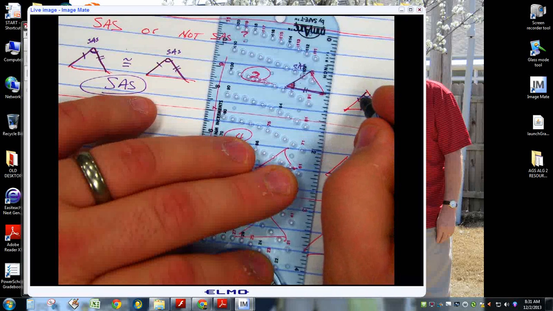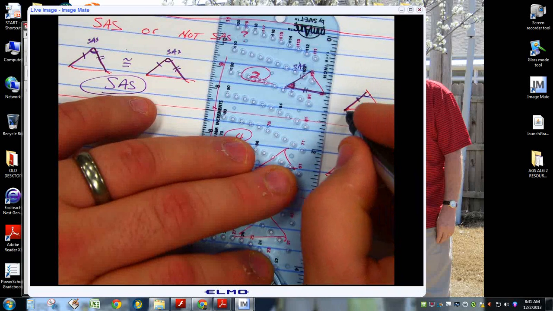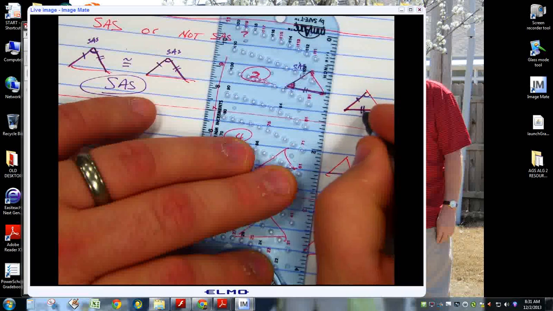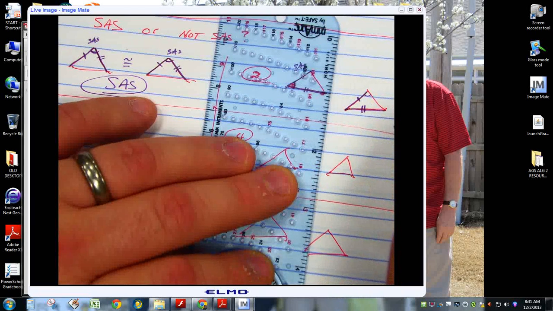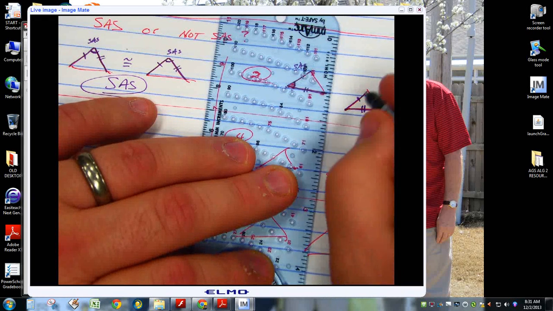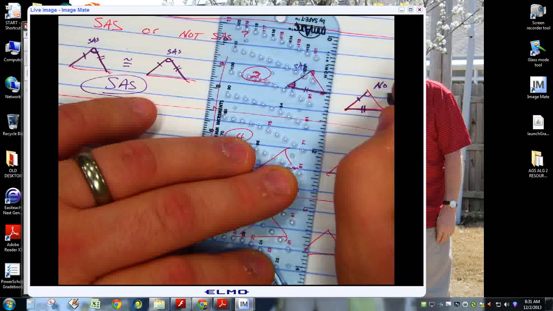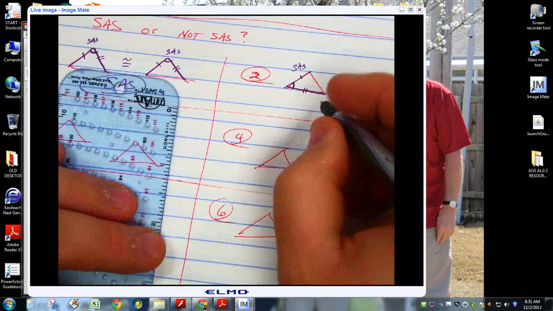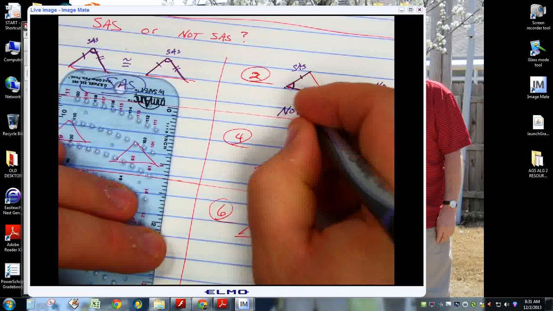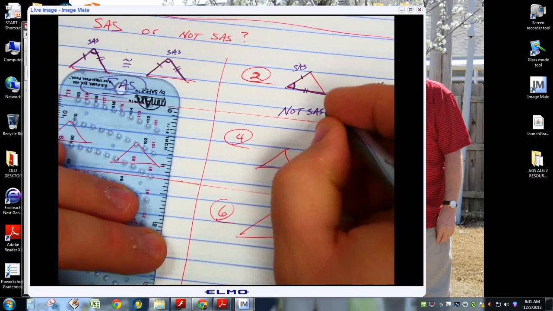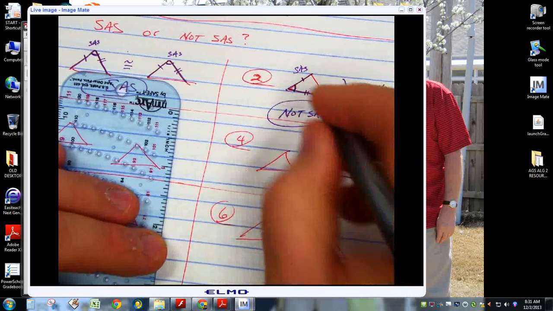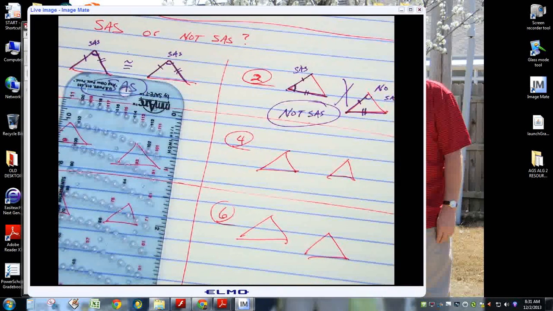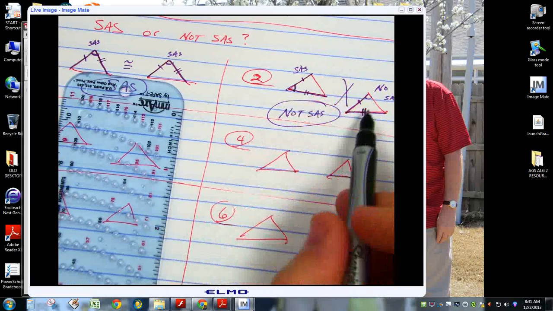So I'm going to draw the two sides that are congruent. Did I draw the angle? So here I have no side angle side. So are these two congruent? No. So this is not congruent. See the difference? I had side angle side over here, but I didn't over there.